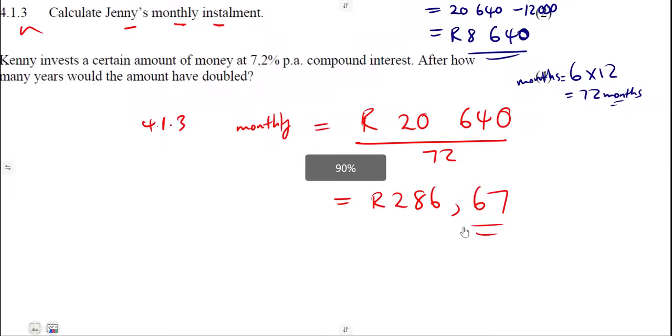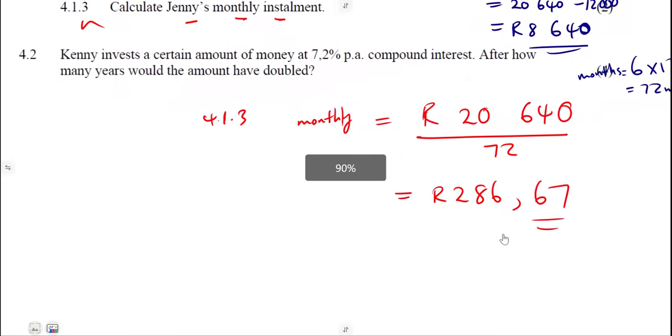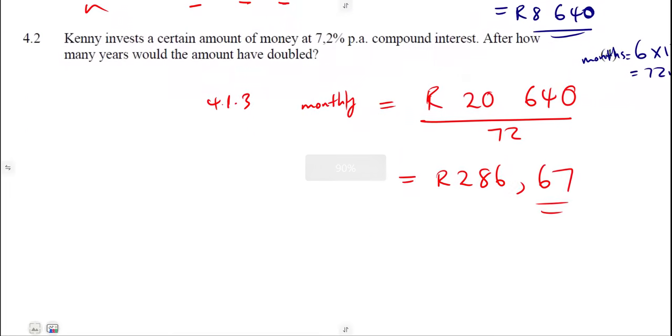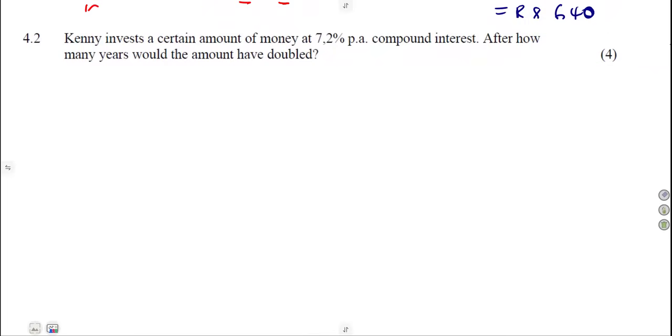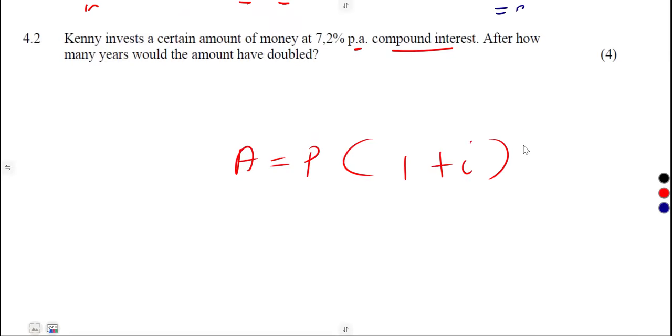All right. Then on question 4.2, we are given that Kenny invests a certain amount of money at 7.2% per annum. Compound interest amount is equal to P into 1 plus I to the exponent of N, where we are asked after how many years would the amount have doubled?